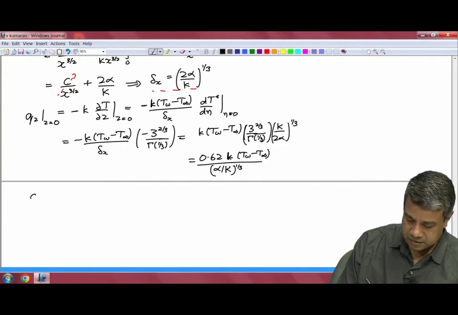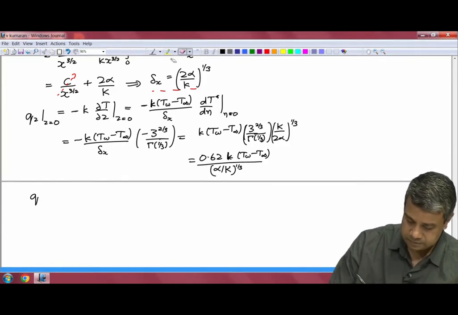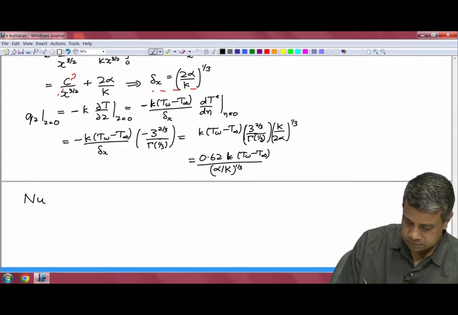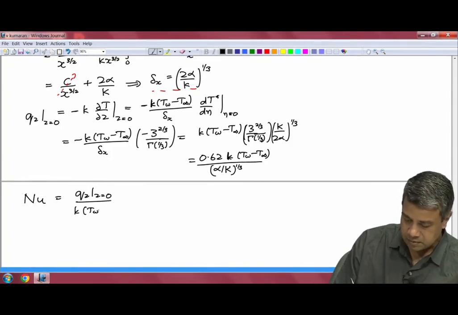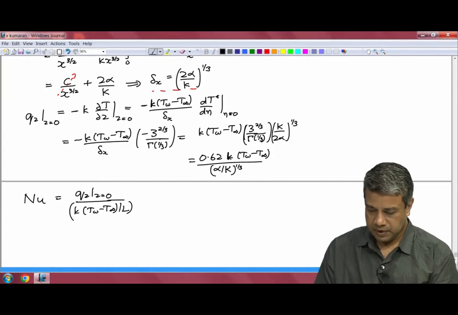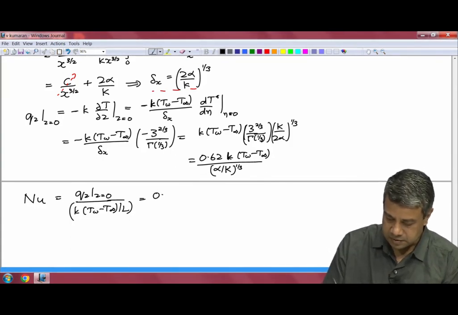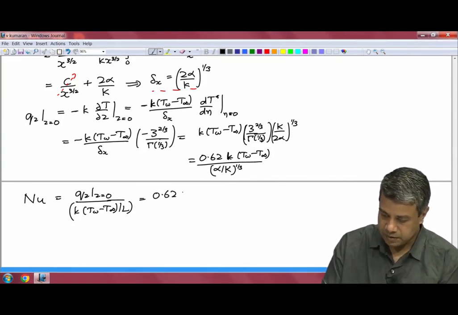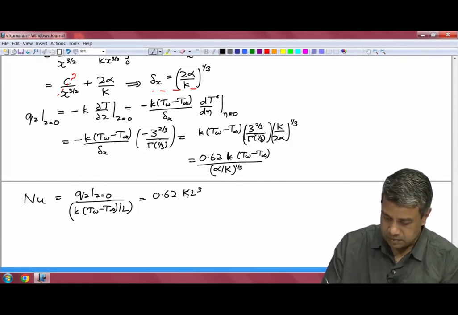So, therefore, the Nusselt number, q_z at z equal to 0 by k into T_w minus T_infinity by L, will be equal to 0.62 into k L cubed by alpha whole power 1/3.